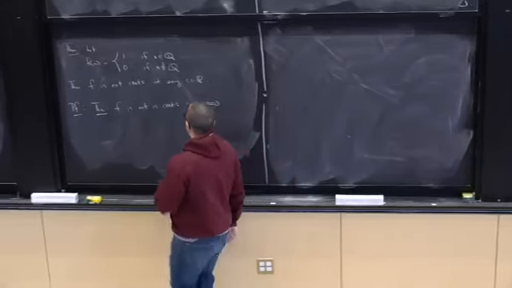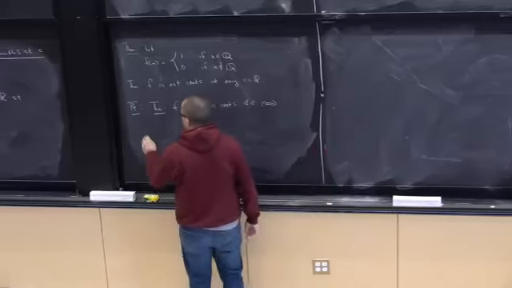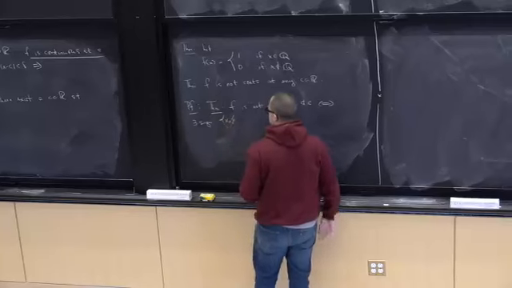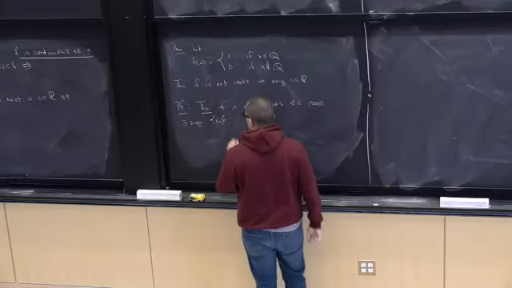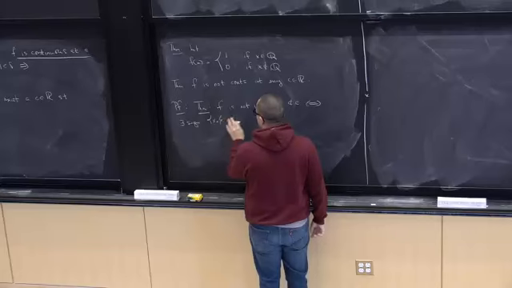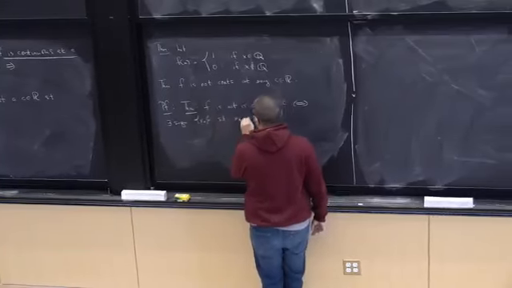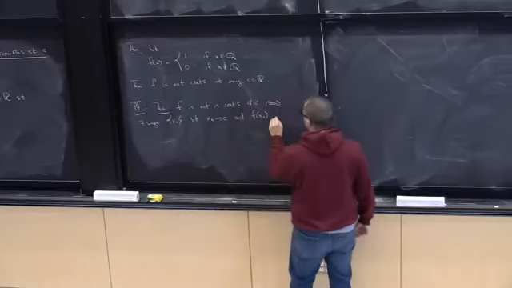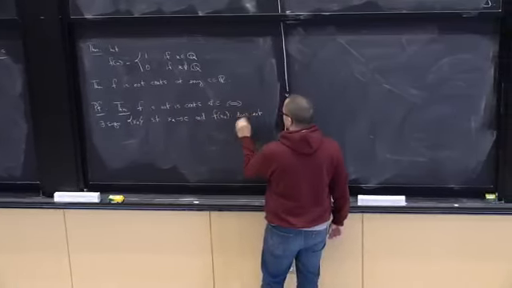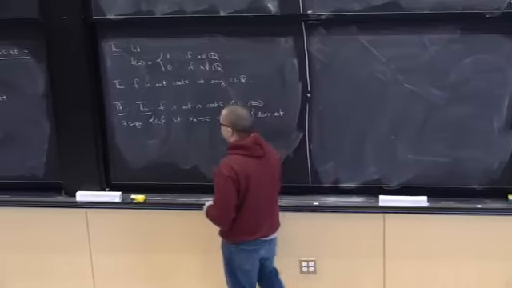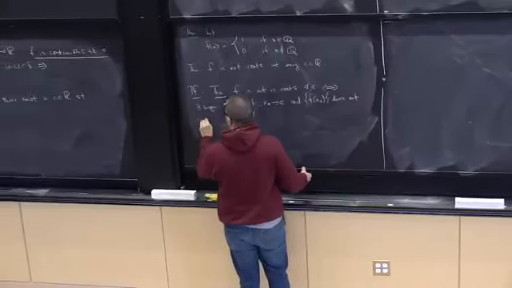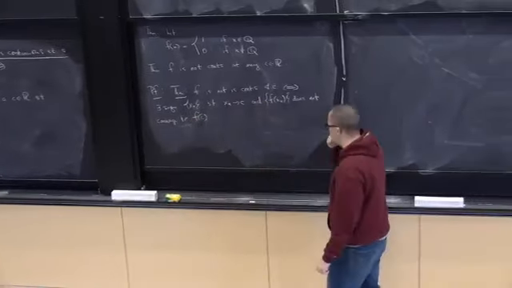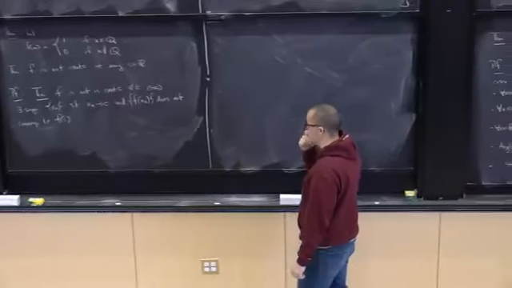So f is not continuous at c if and only if there exists a sequence x_n such that the x_n's converge to c and the sequence f of x_n does not converge to f of c. So maybe it just doesn't converge at all, or maybe it converges to something other than f of c.